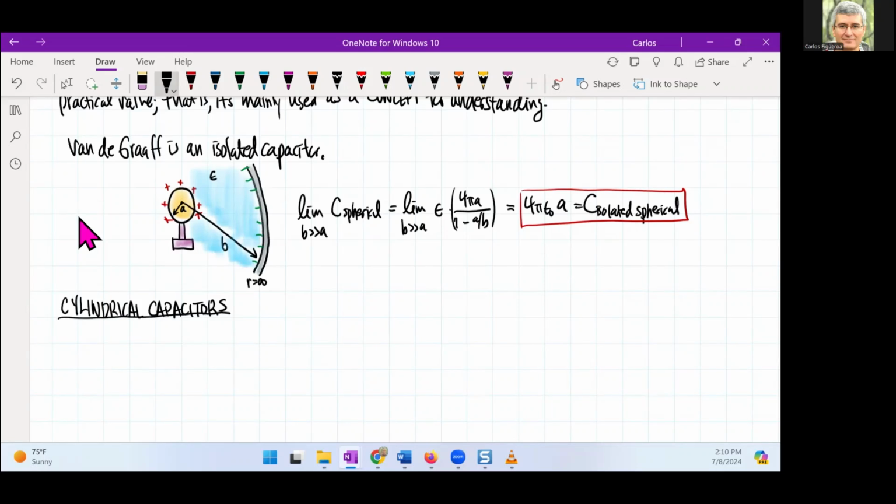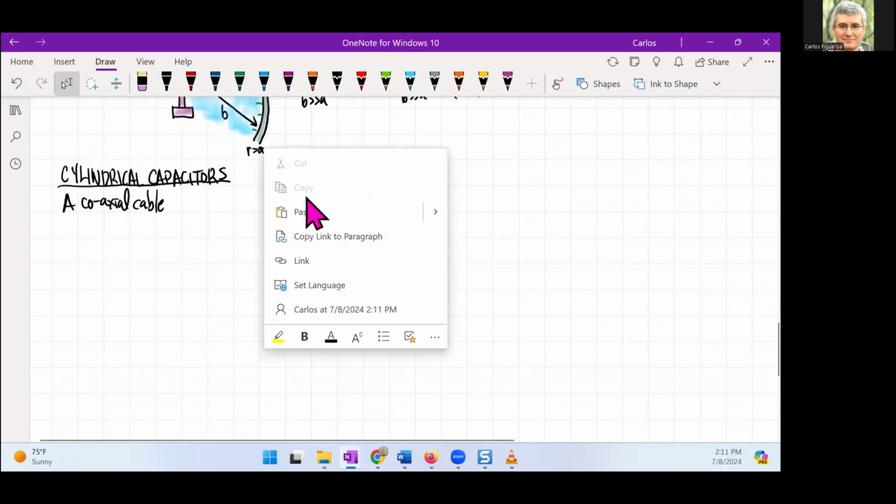Now, a coaxial cable, which is typically used for transmission of radio frequencies, looks something like this.